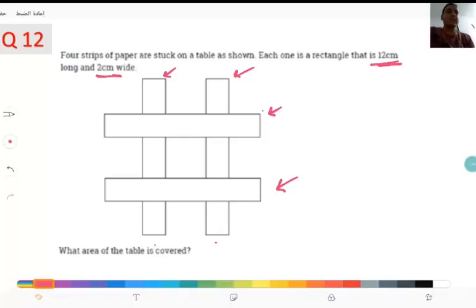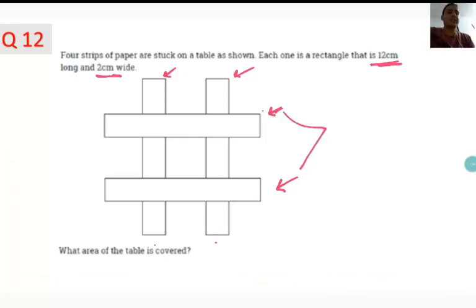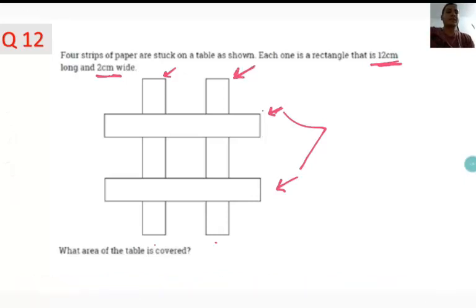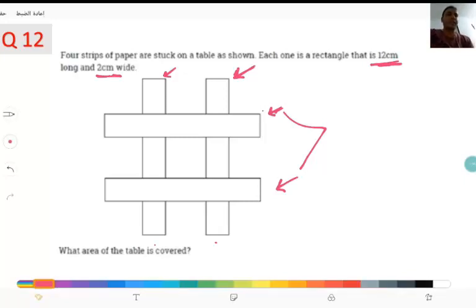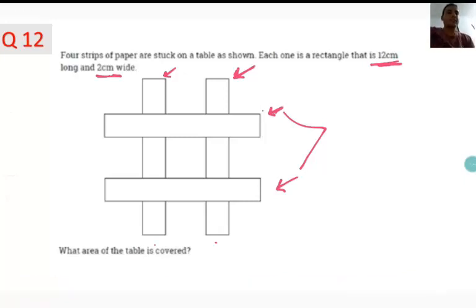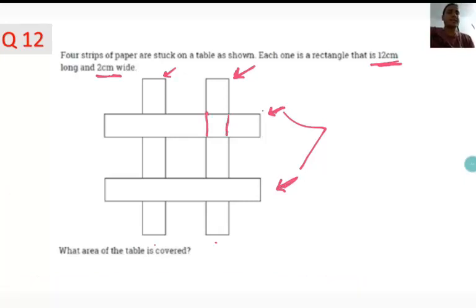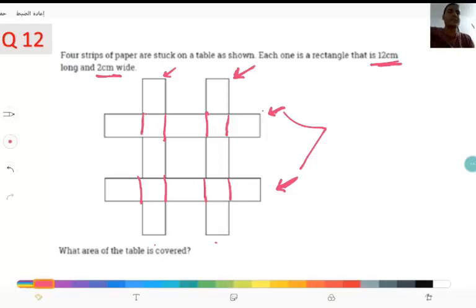That means the top 2 strips will cover less of the table than the bottom 2 strips. Part of the top 2 strips won't cover any area of the table, but will cover part of the other 2 strips.